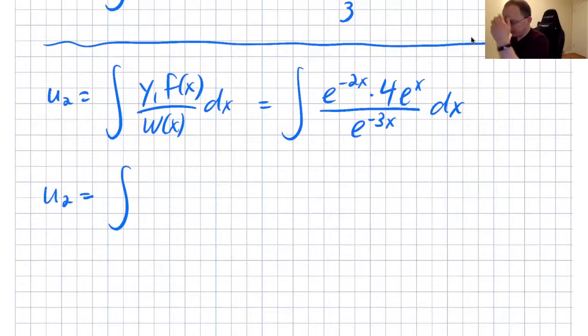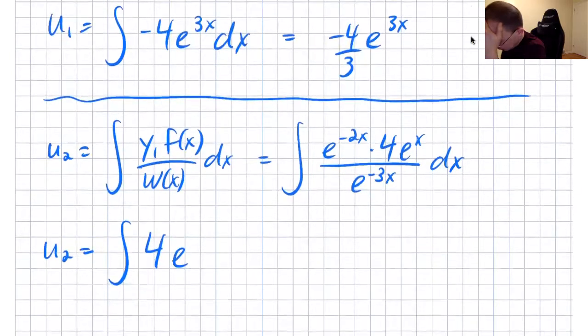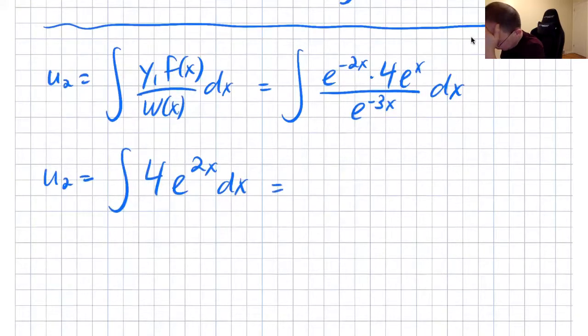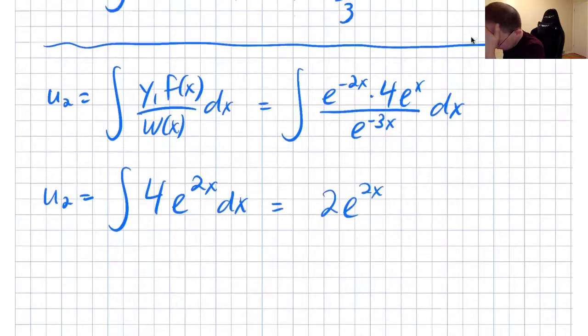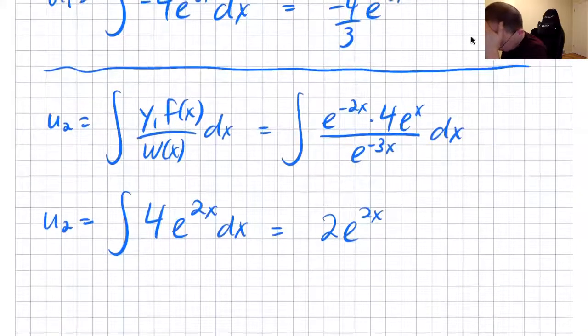So we're going to be left with e to the negative x up here, and then we're going to add 3x to it. So that'll be e to the 2x, 4e to the 2x. Yeah, that's it. That looks okay. Okay. Take the integral. I think it's that. Looks good. So there's our two functions.